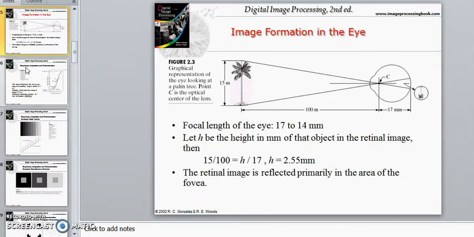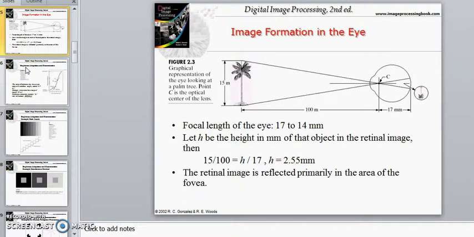Now we see how an image is formed in the eye. As you see in the graphical representation of the eye, looking at the palm tree, the focal length of the eye is 14 to 17 millimeters.